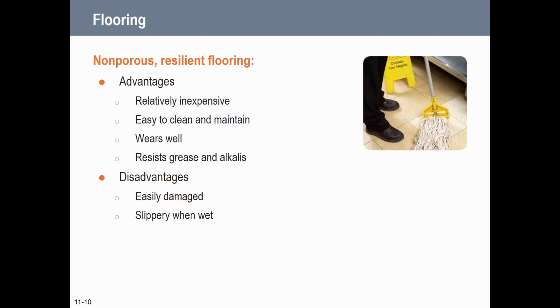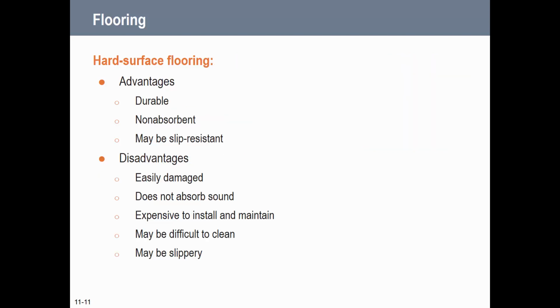So non-porous resilient flooring, why is that advantageous? It's typically pretty inexpensive, wears well, tends to resist grease and other alkalis. It can be easily damaged and can get kind of slippery, so we want to be careful about some of those. Our hard surface floorings tend to be durable, maybe slip resistant. Again, they may be easily damaged.